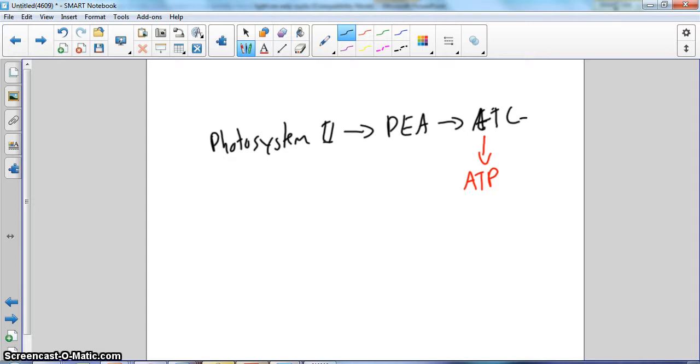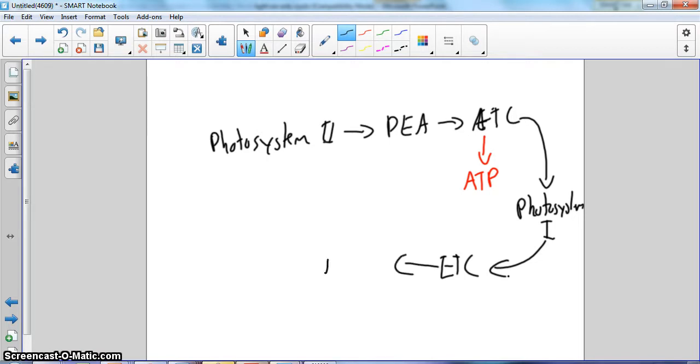Then the electrons end up in Photosystem 1, and they're excited by light again. Then they travel down another electron transport chain, which makes no ATP. Finally, the final electron acceptor is NADP, and then it gains the hydrogen.